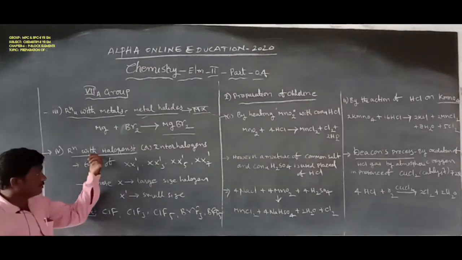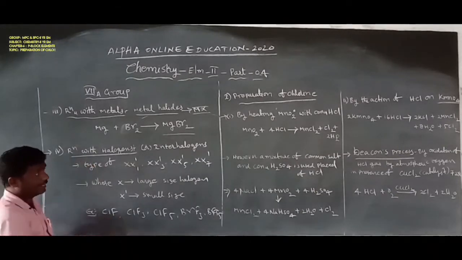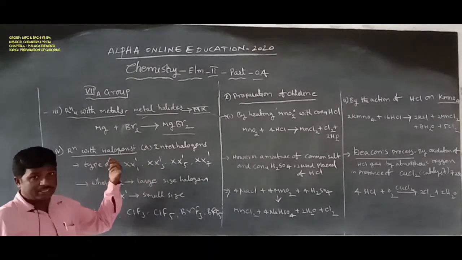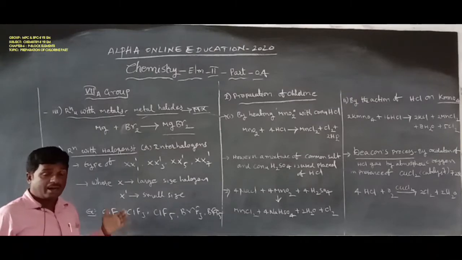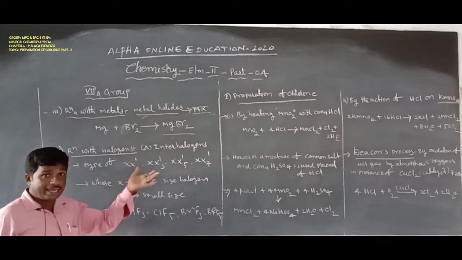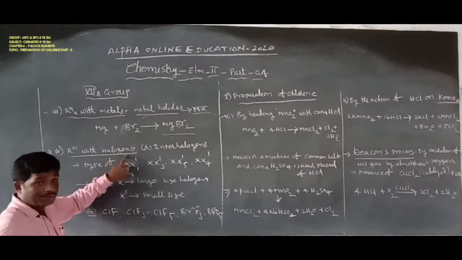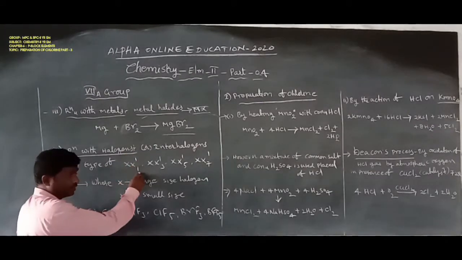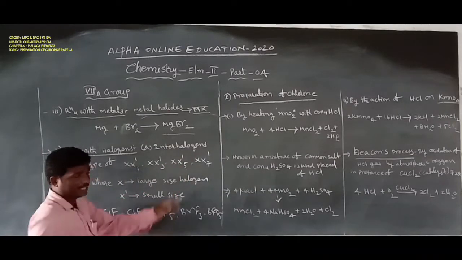Next one, reaction with the halogen elements, or interhalogens. Here halogen elements react with another halogen element. All halogen elements combine with another halogen element to form a type of interhalogen, like XX', XX'3, XX'5 and XX'7.